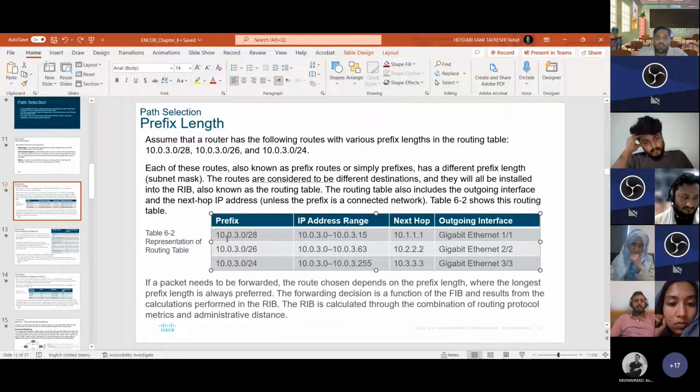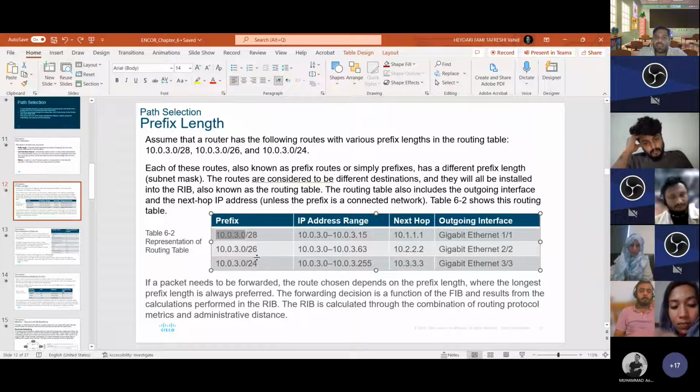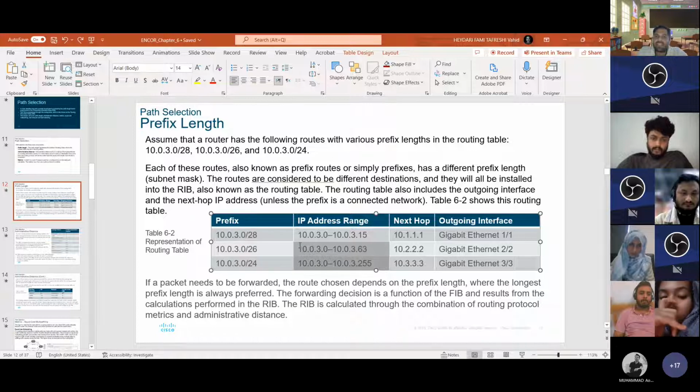Here, sir, what we are talking about is that for the same network ID, which is 10.0.3.0, I have 3 separate routes inside my routing table. One for /28, one for /26, one for /24. Look at the IP address ranges that I have for these 3 subnets.